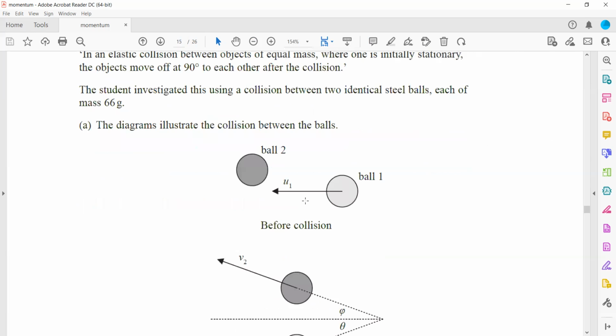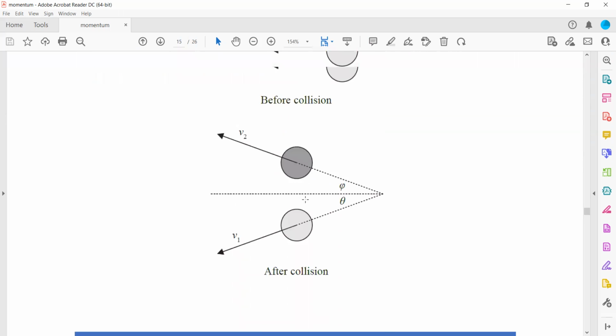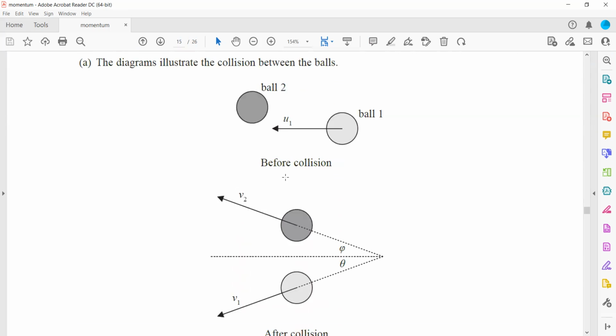The diagrams illustrate the collision between the balls before the collision, where one is stationary, and then after.